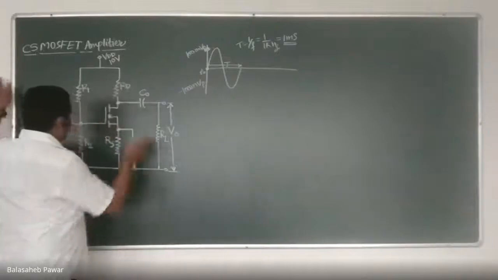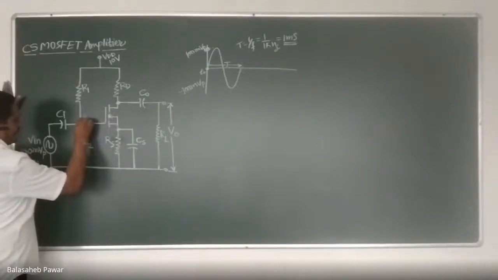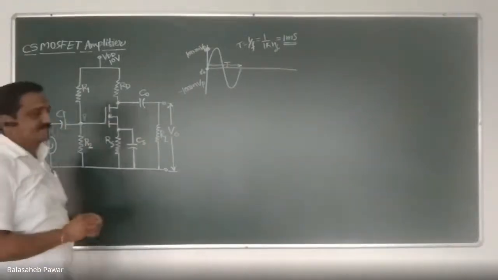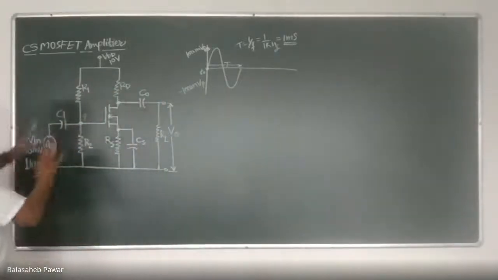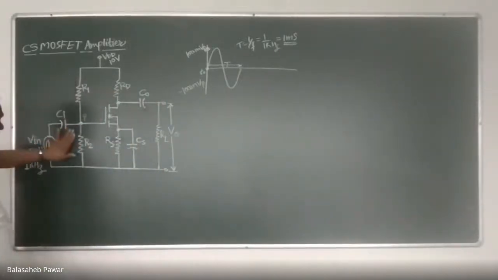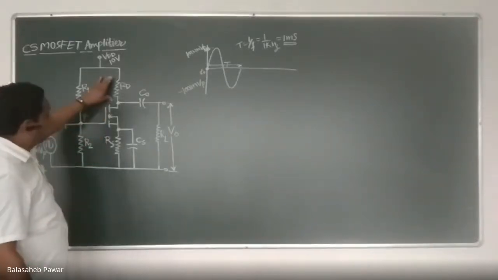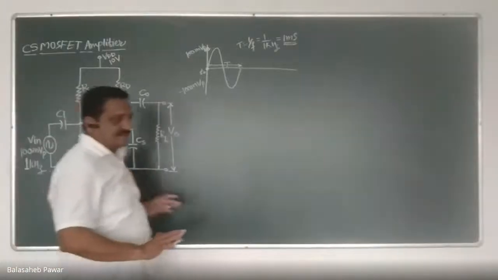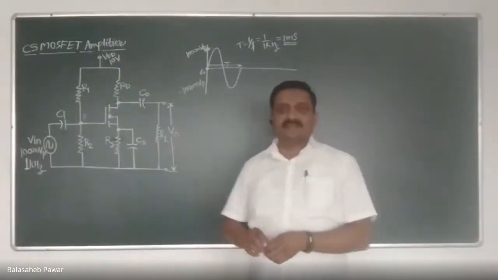How much will be the gate voltage present at this gate terminal of this MOSFET here? Consider our previous discussion and previous circuit. This R1 is 10 mega, R2 is 2.7 mega, RS is 470 ohm, and RD is 1.8K. We will continue with the same, because practically also yesterday we verified it.